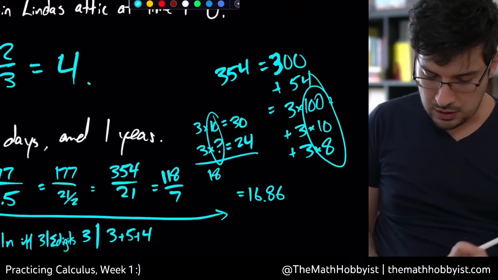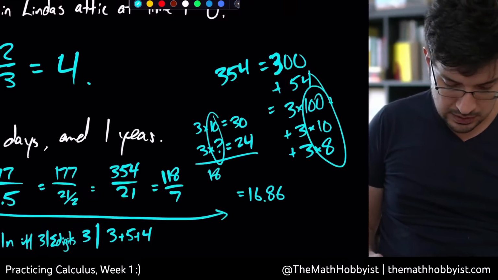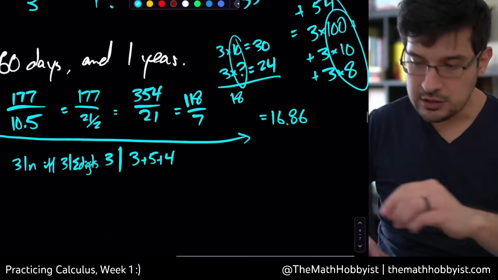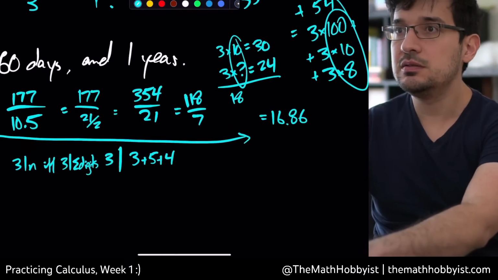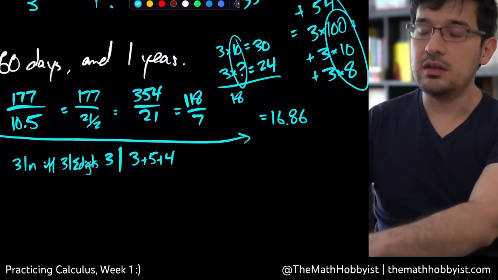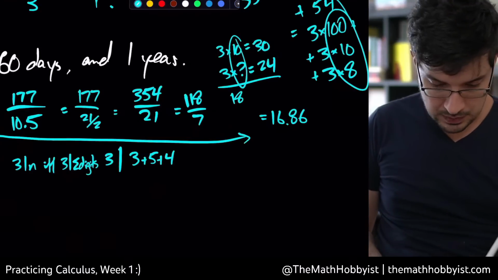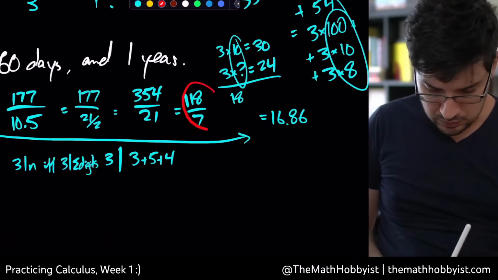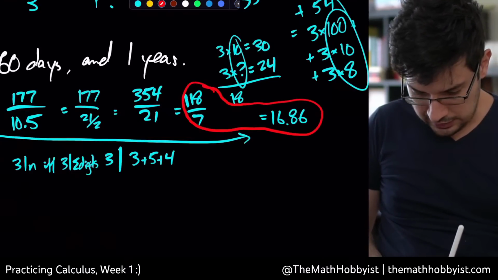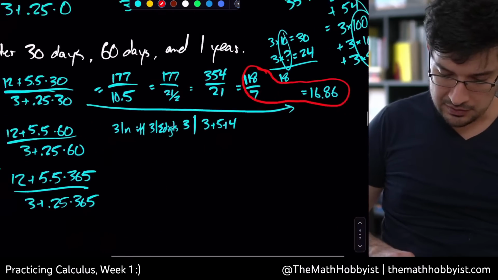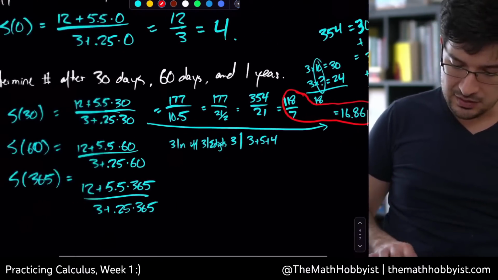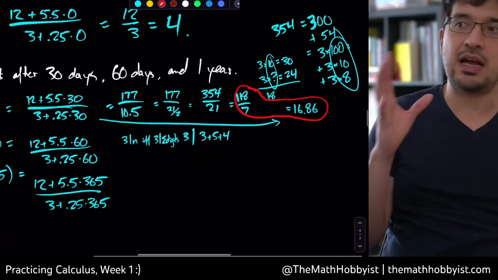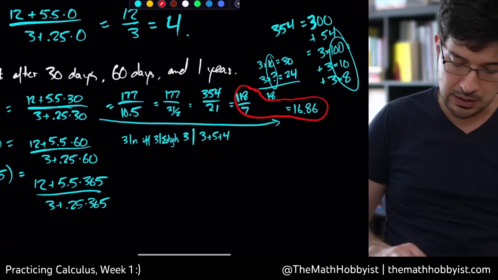So 118. 118 over 7 is the right answer. So I think either of these would be a correct answer, and I like 118 over 7 a little bit more. It's actually the exact number.